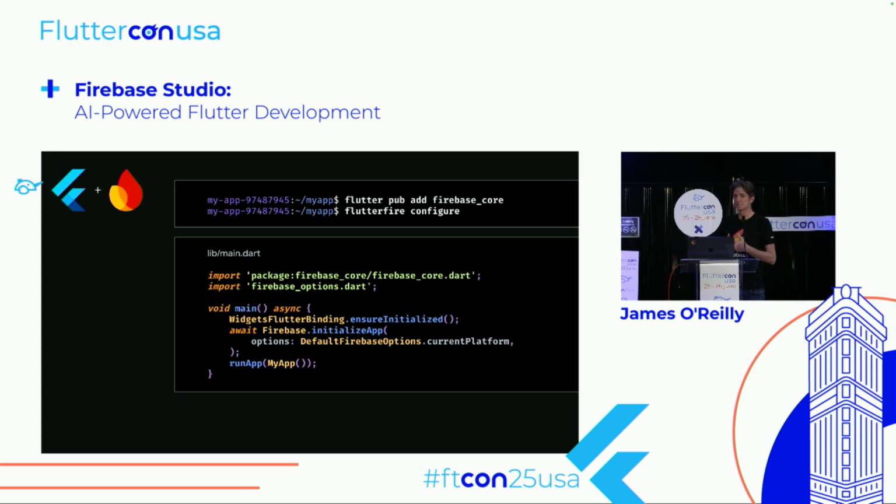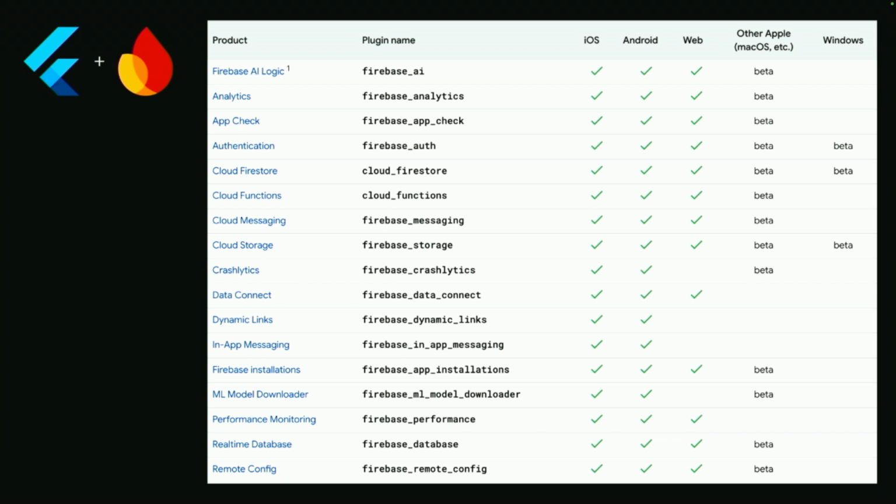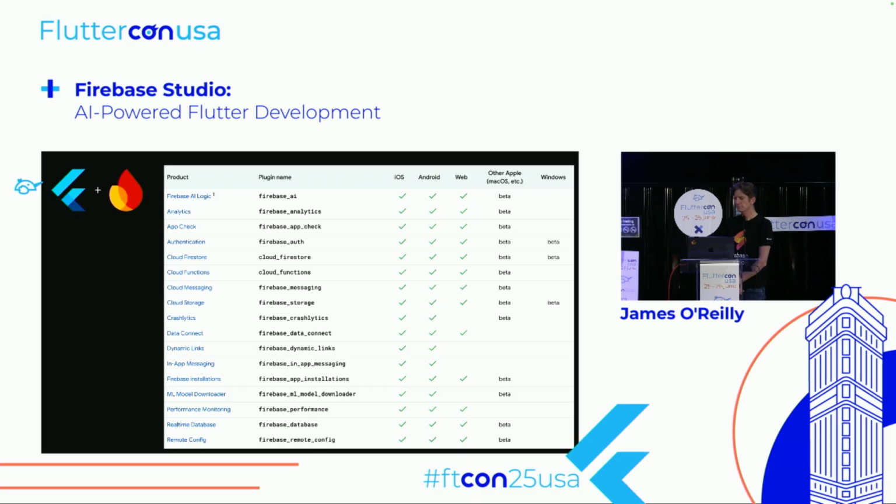Once it's initialized, then you're ready to run the application. On its own, Firebase Core provides just basic functionality for Firebase, but you would need to install individually the plugins for each of the products and services you wanted to use, like Crashlytics or Cloud Firestore. Each one of them is available for you.